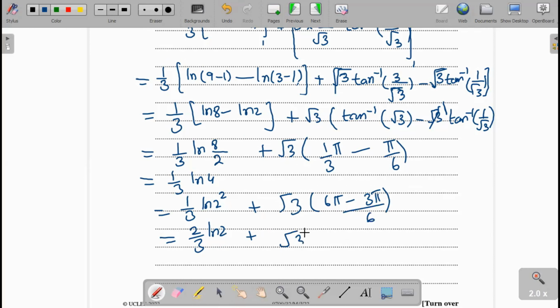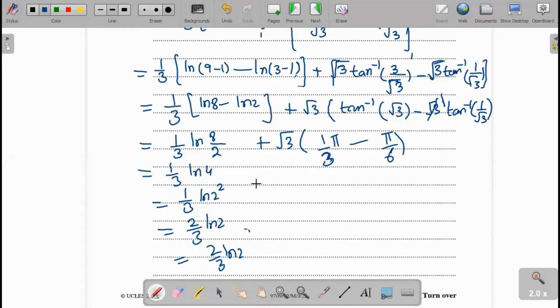Now under root 3 will be equal to root 3 into 3 pi over 6, 3 times 2. We get the answer 2 over 3 ln 2 plus square root of 3 over 2 pi. Now divide it by root 3 and that is equal to 6 and that is 2 pi.